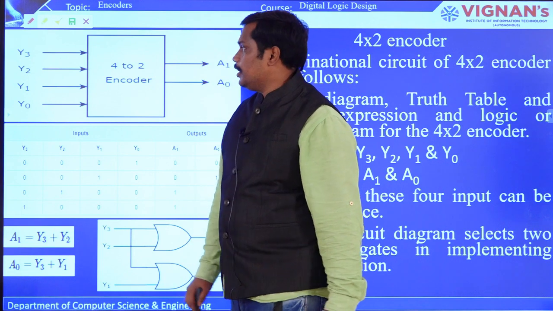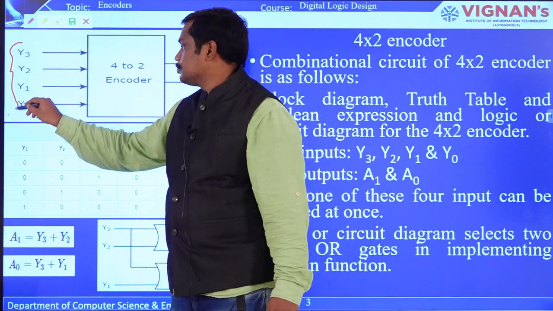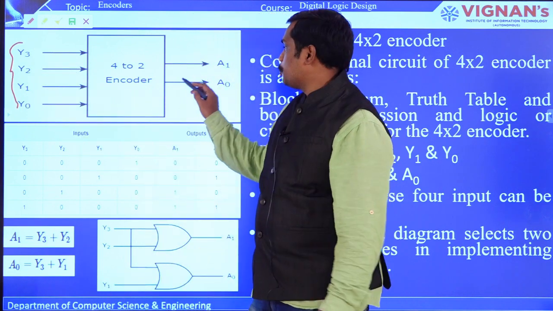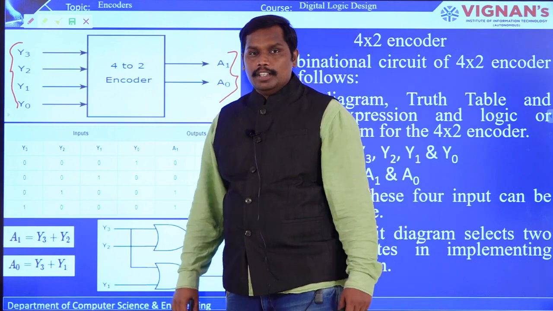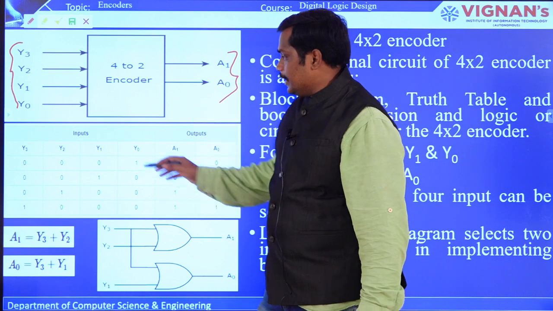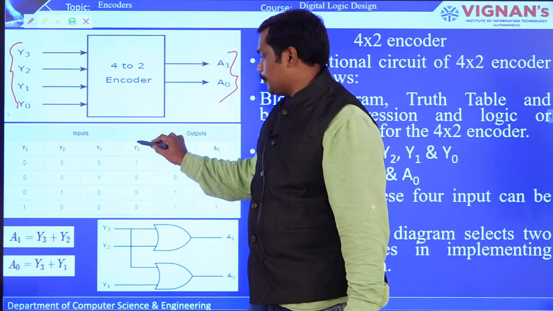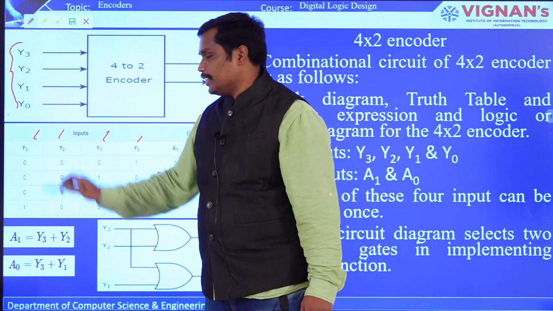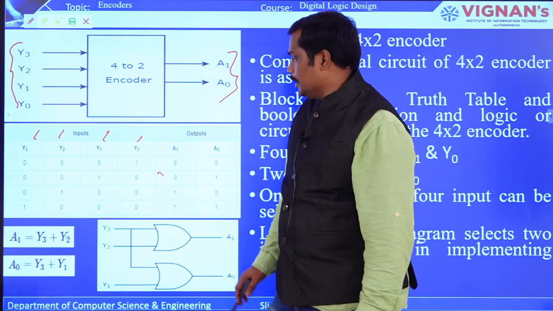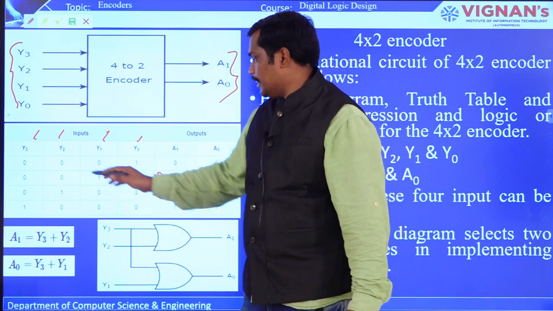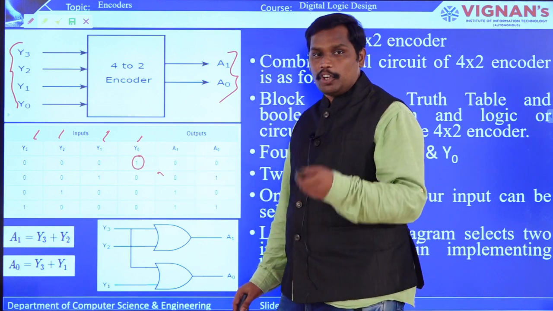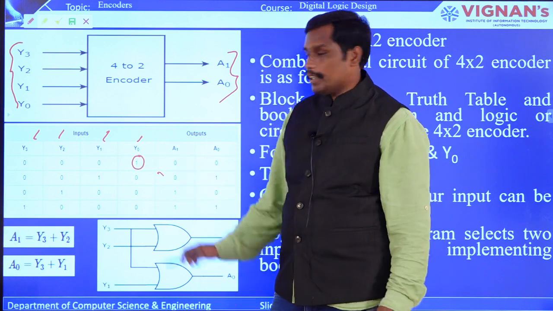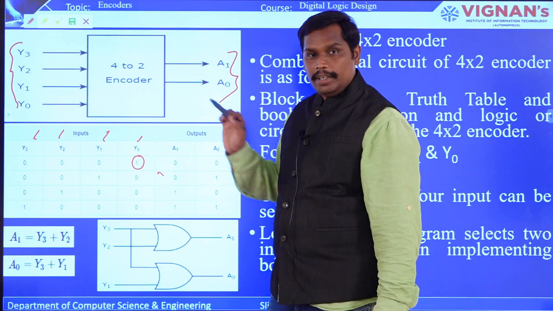You can see here the input lines are 4 in number and the output lines are 2 in number, so it is a 4x2 encoder. The input lines are represented as Y0, Y1, Y2, Y3. There are 4 possibilities: Y0 can be active, Y1 can be active, Y2 can be active, or Y3 can be active. For each operation, only one slot can be active at a time.